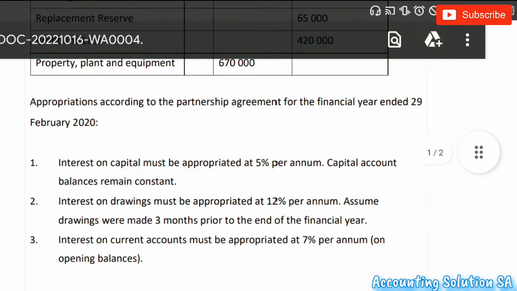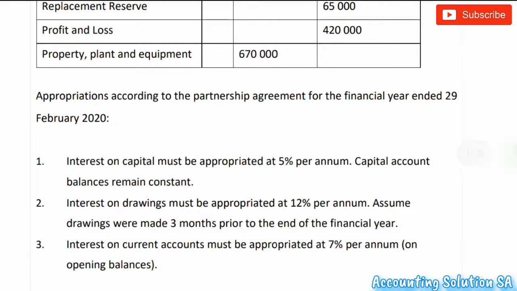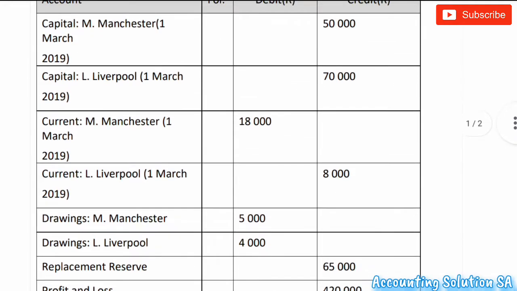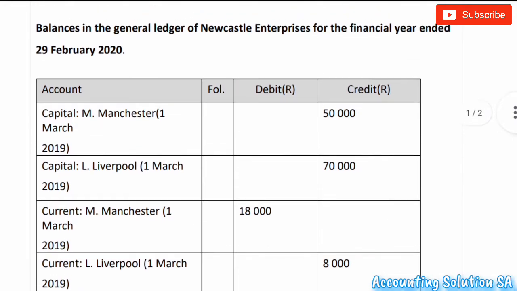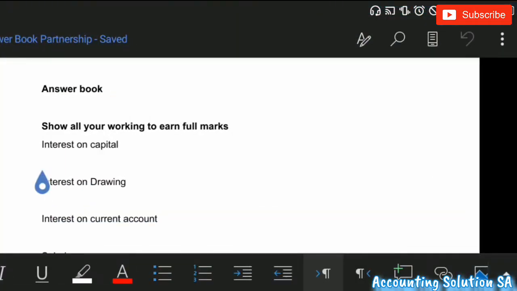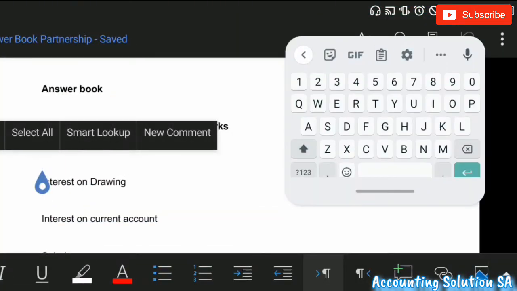Okay, then they say the interest on capital must be 5%, which means that we have to go back to our balances. Manchester United is 50,000, Liverpool is 70,000 capital amount, which means that we just say 50,000 multiplied by 5%. Let's show the calculation this side.